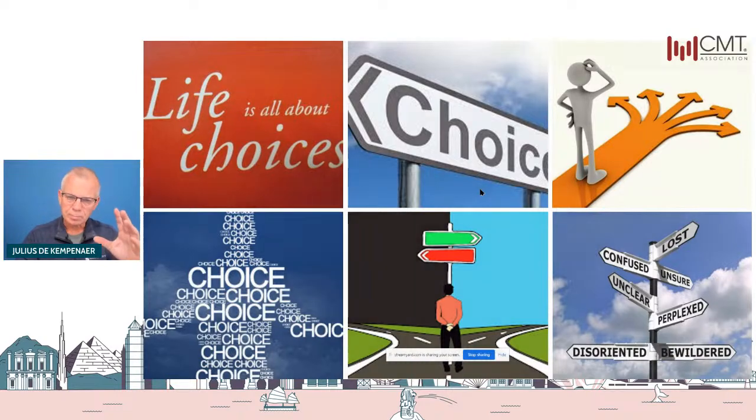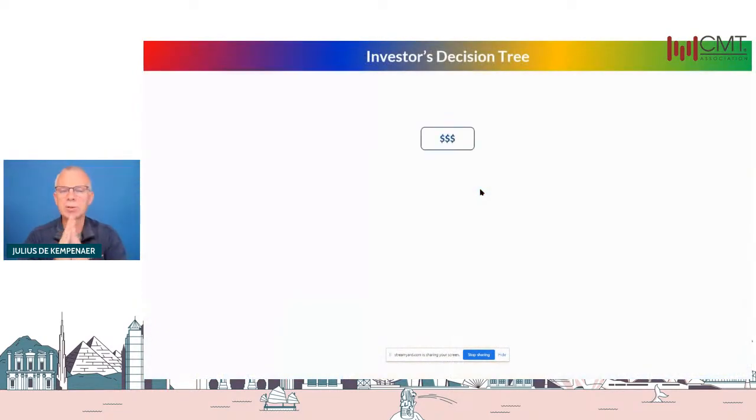So if you step into the shoes of an investor, I always try to simplify that process by drawing an investor's decision tree. And basically that tree starts with a big bag of dollars or rupees or euros in my case, or British pounds, it doesn't really matter what your amount of money is, but you have money and you need to go invest that. That's your first real choice.